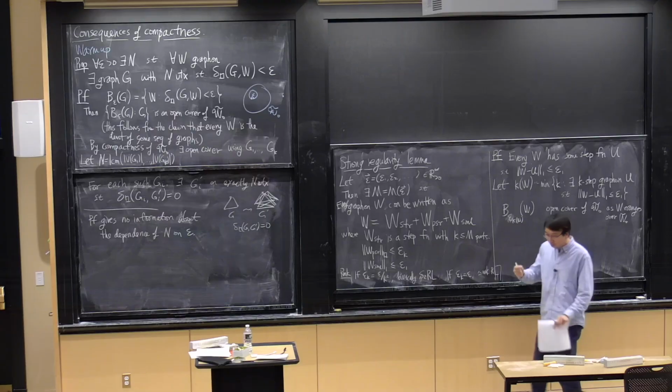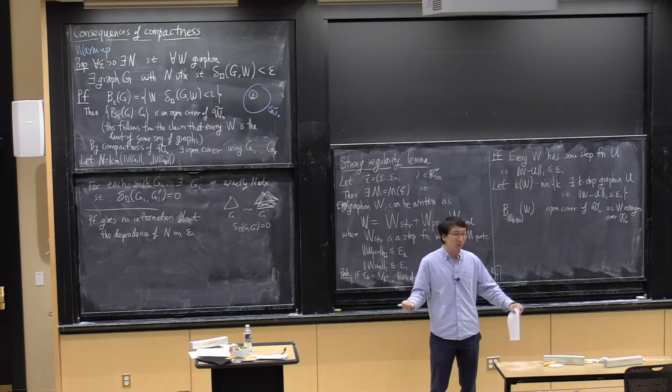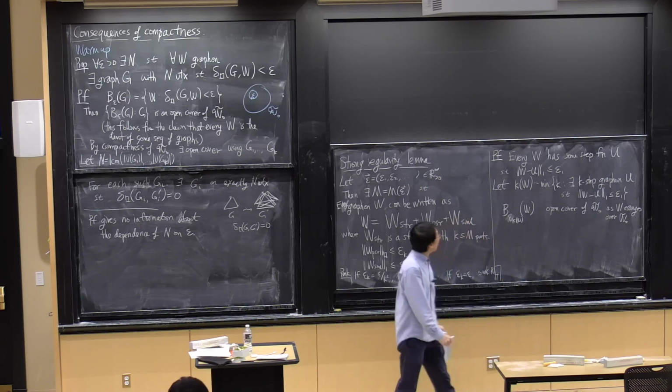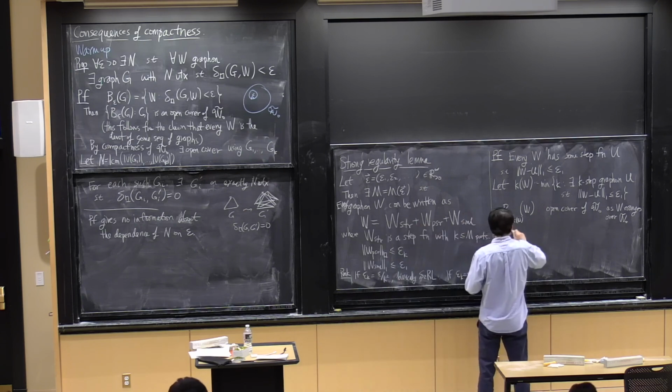I'm literally looking at every point in the space and putting an open ball around it, so obviously this is an open cover. And because of compactness, there exists a finite subcover.